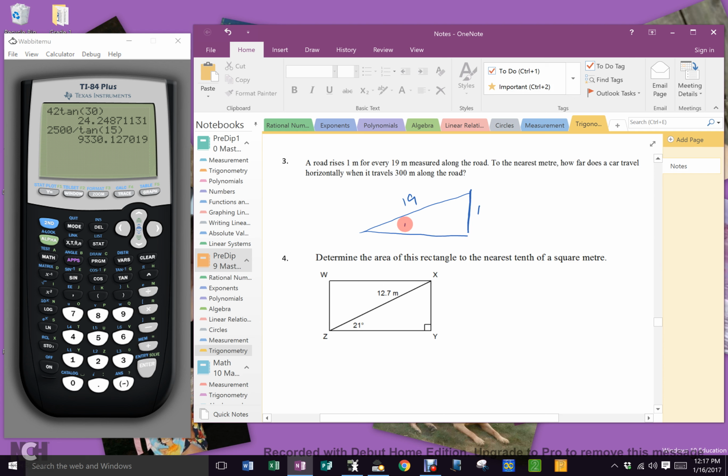So this side right here is 19 squared minus 1, and the square root of that, correct? 19 squared minus 1 is 360, and then I need to square root it. It's a pretty yucky number, but 18.97.